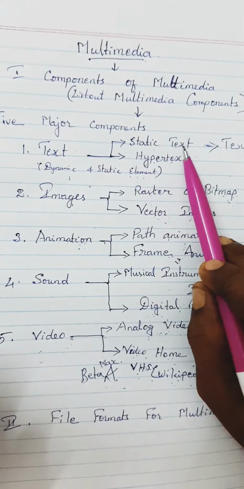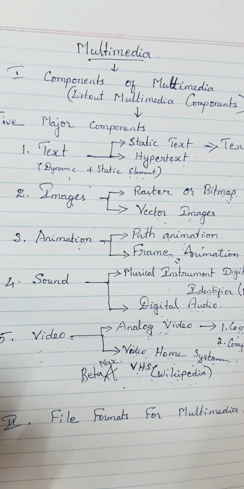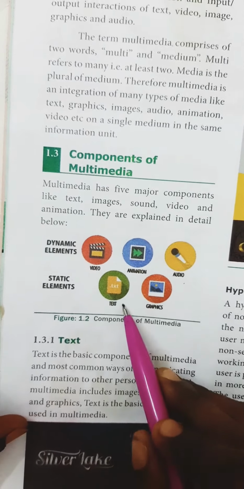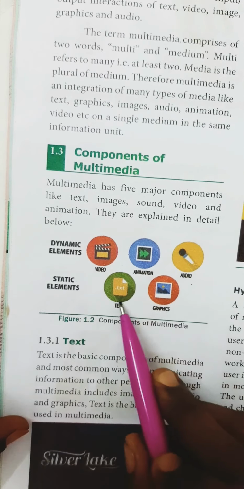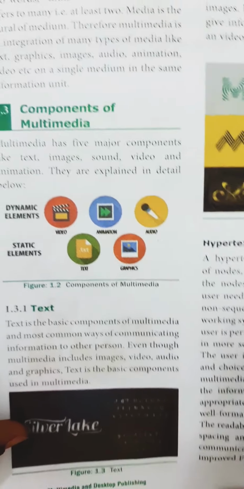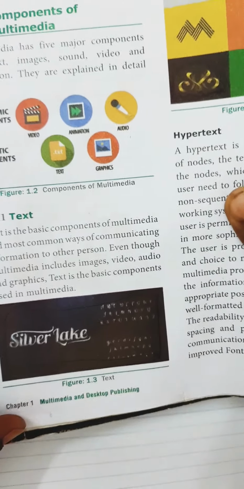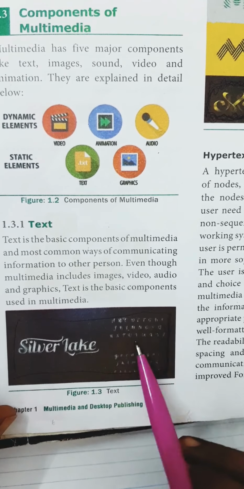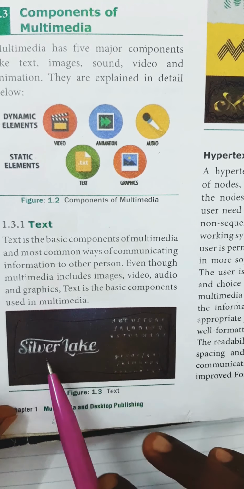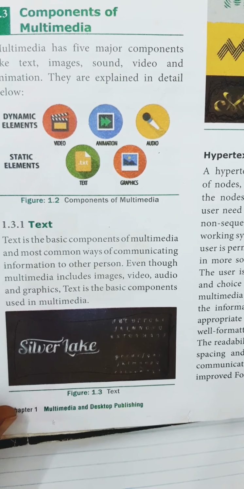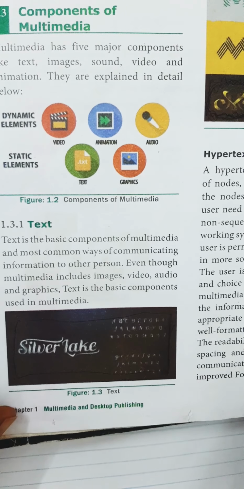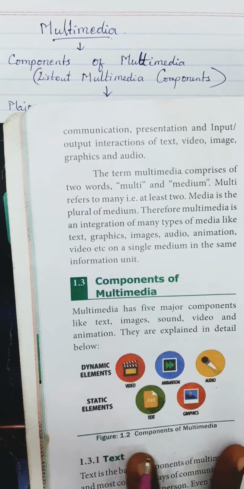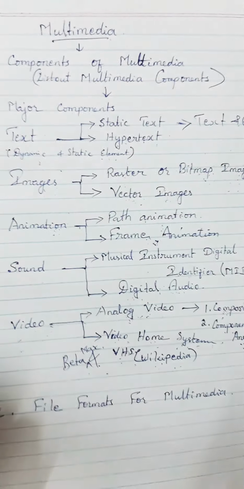What do you mean by static text? Static text gives text and graphics, displaying a heading style, a word or a line or a passage. Static text is heading style, nothing else.